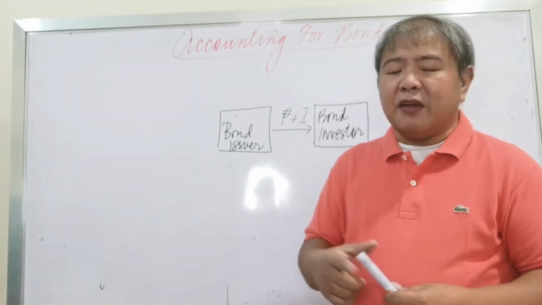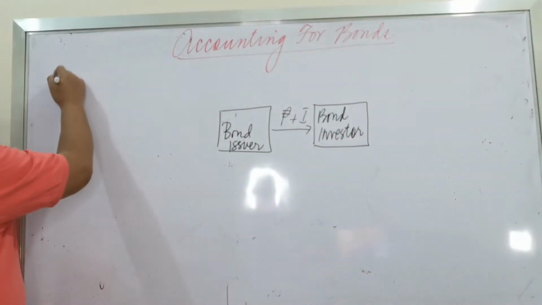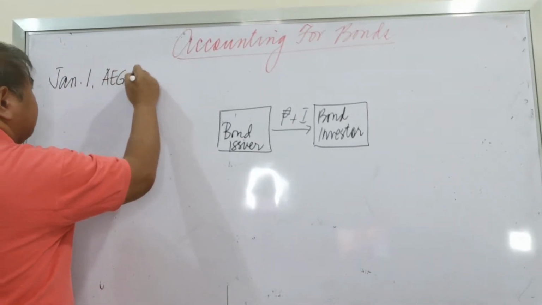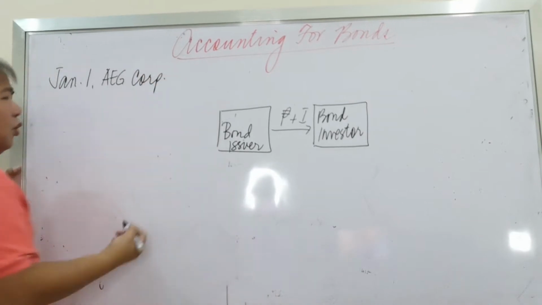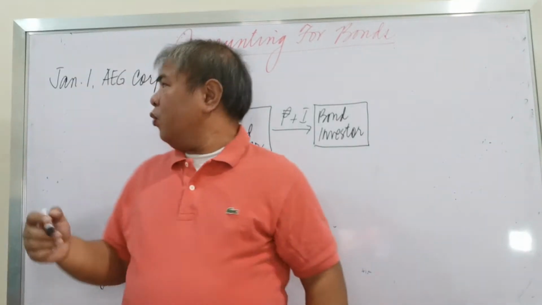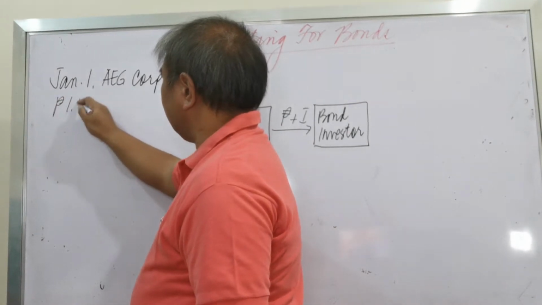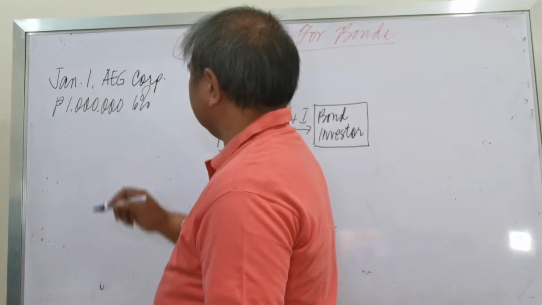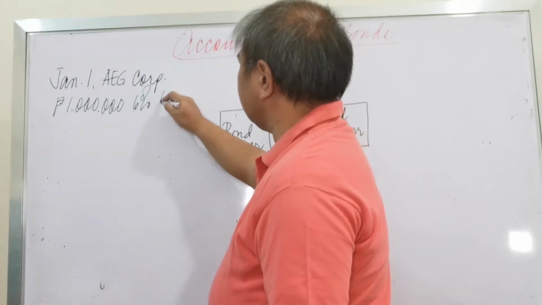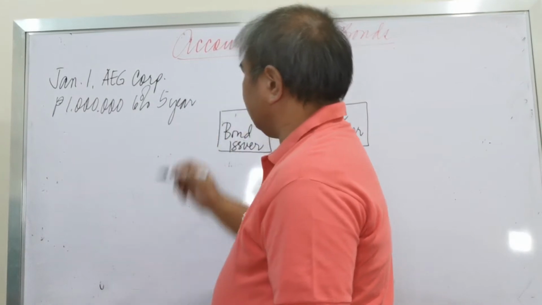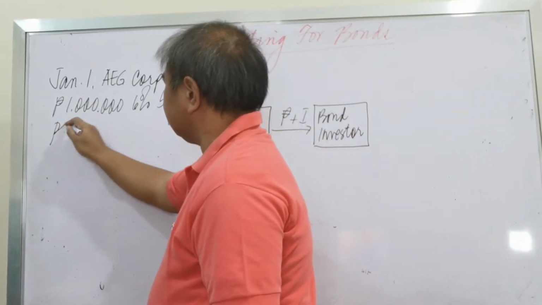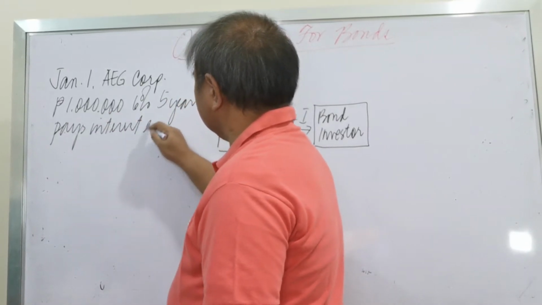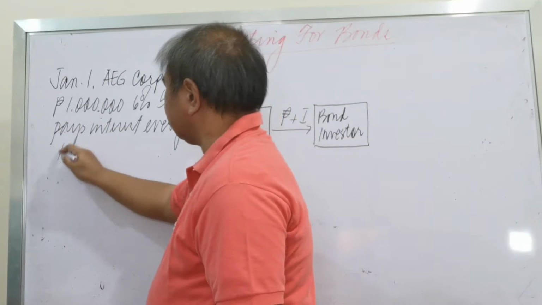So therefore, let's have an example. Let us assume that on January 1, say AEG Corp floated a 1 million, 6%, 5-year bond that pays interest every December 31st.